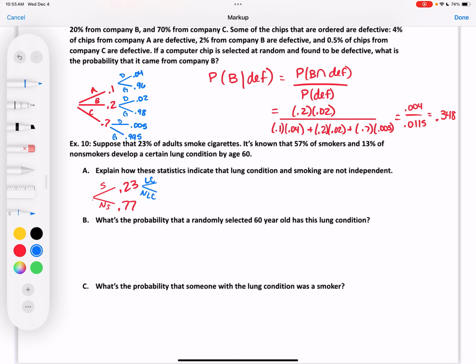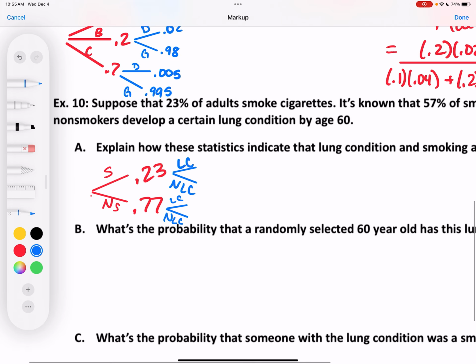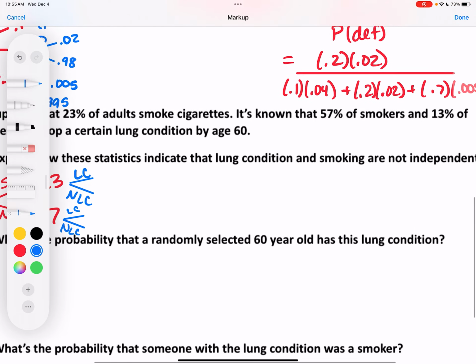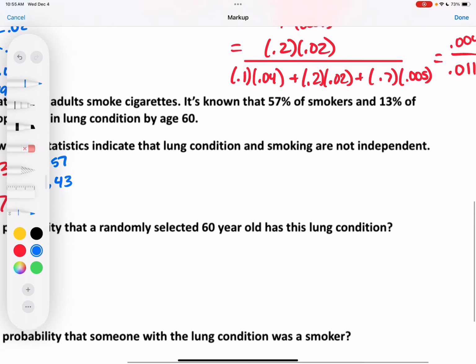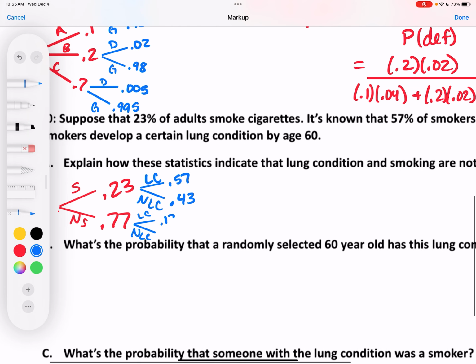Just very tiny area. Lung condition, no lung condition. I don't know if y'all can read that. It's so tiny. All right, so lung condition for those that smoke is 57%, so that's 0.57. That means that no condition would be 0.43. And then for non-smokers, 13%, so 0.13, and then 0.87 for the other.